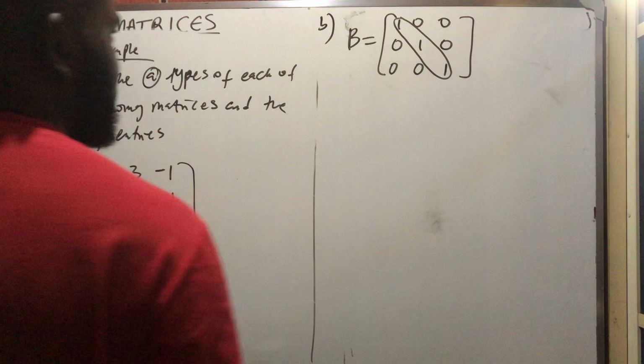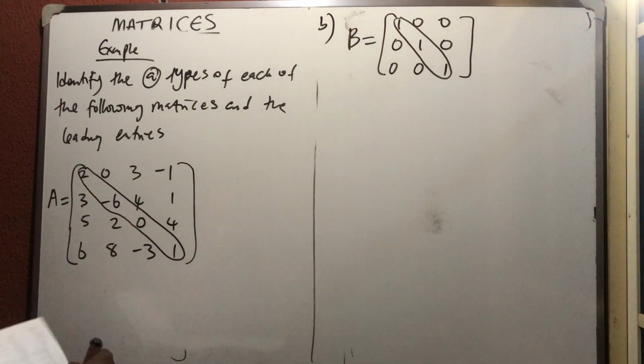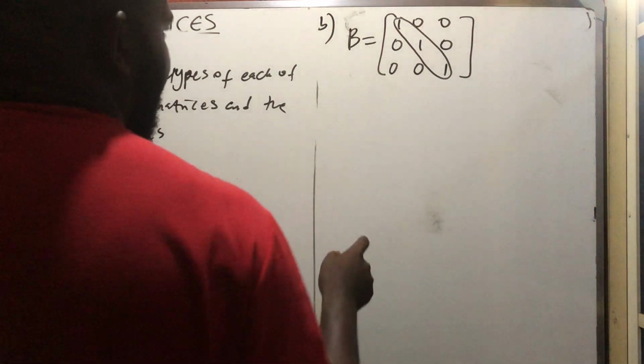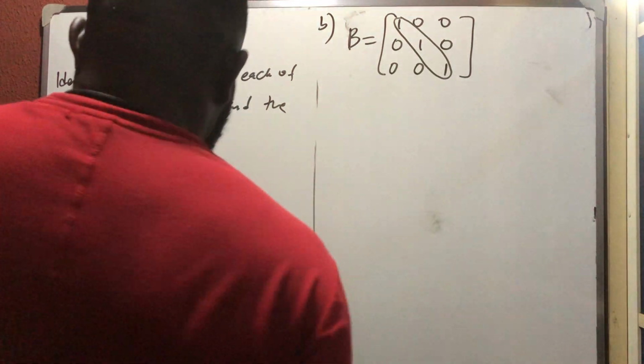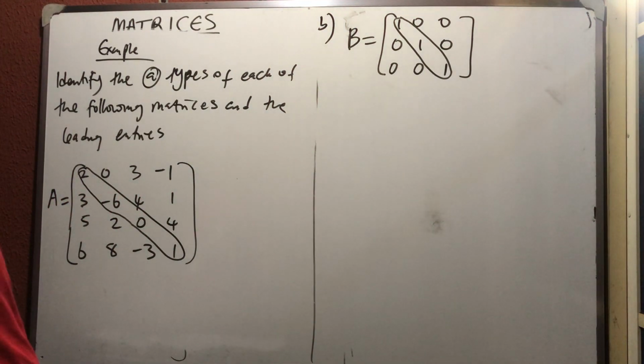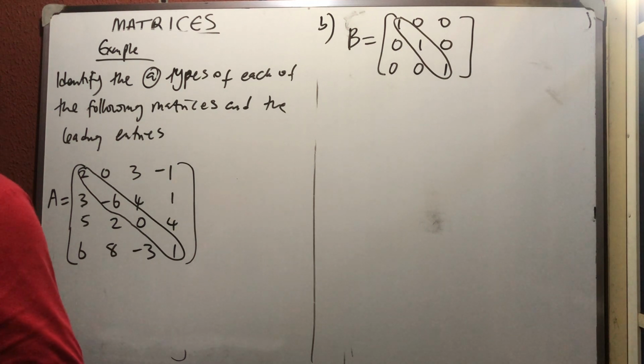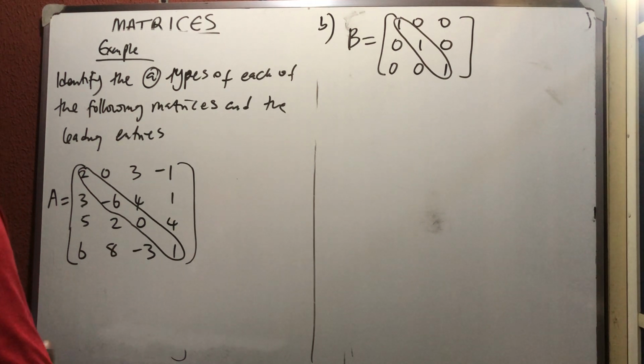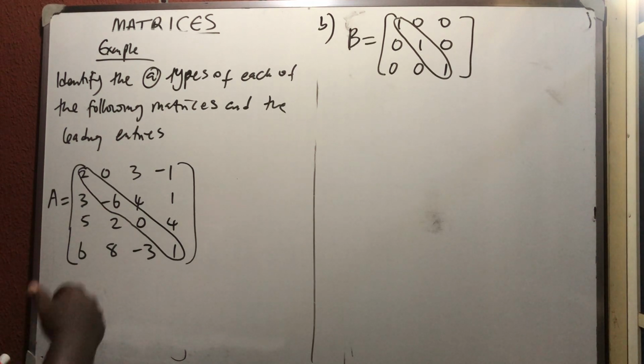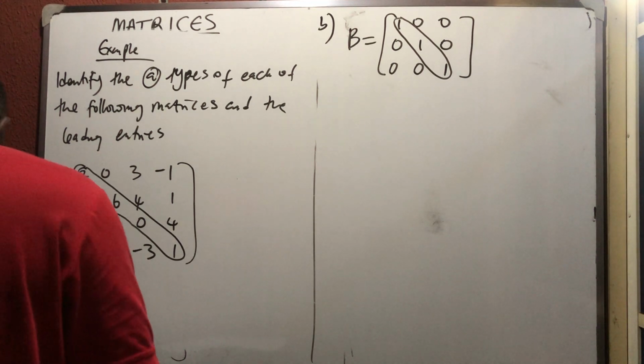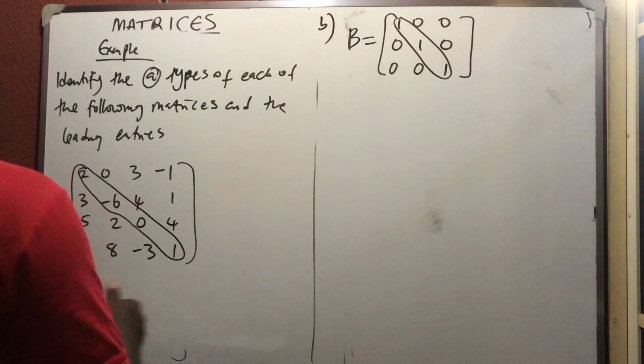First of all, it's a square matrix, and secondly, it's an identity matrix, and the leading entries there are just 1 1 1. It's an identity matrix of order 3. Order 3 means that it's a 3 by 3 square matrix. Okay, so the next one, C.